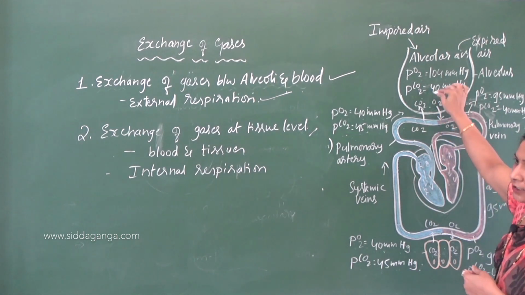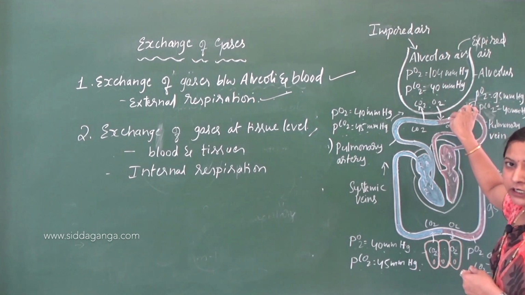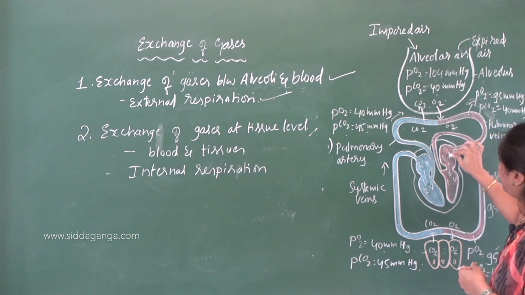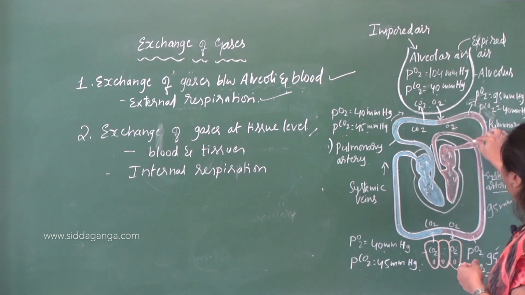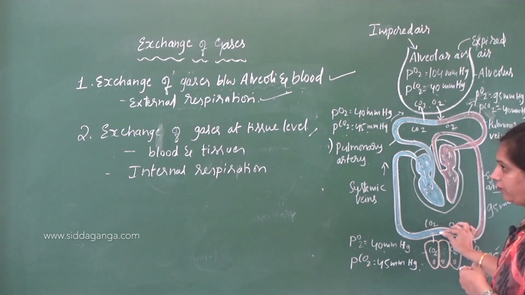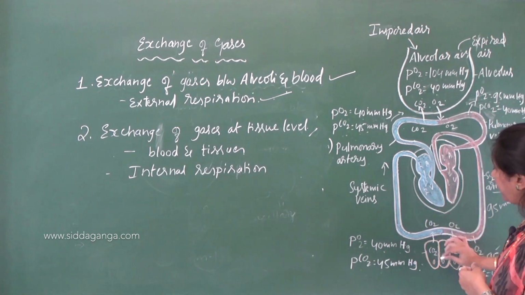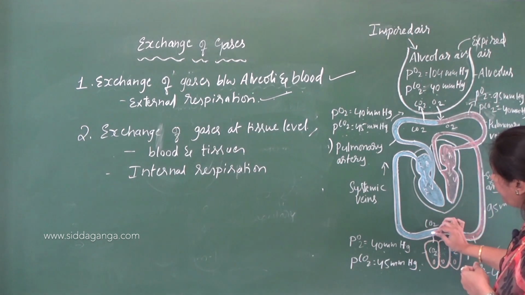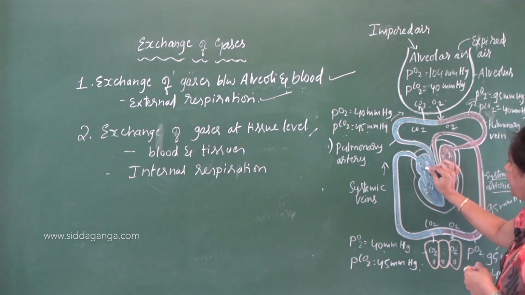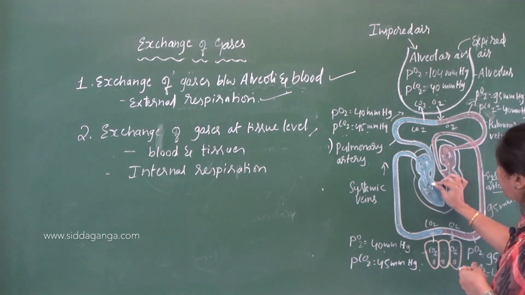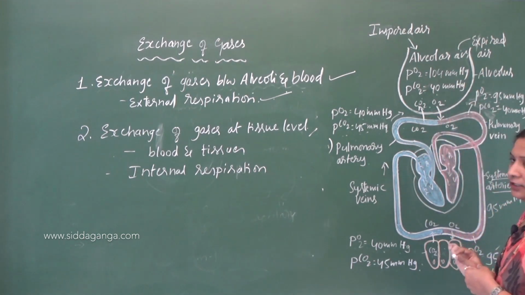Again the gaseous exchange takes place in the lungs. Once again the blood becomes oxygenated, and then it goes to the left atrium, left ventricle, and through the aorta and its branches it reaches the different body tissues, where again the exchange of gases takes place. Once again the blood becomes deoxygenated, and is carried to the right atrium, right ventricle, and through the pulmonary artery to the lungs.